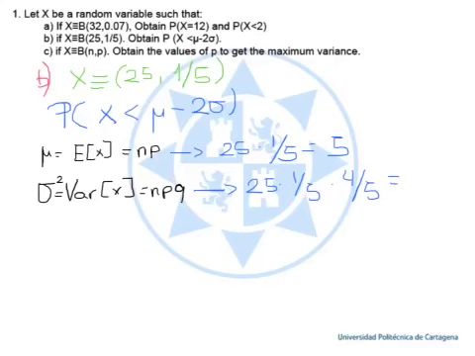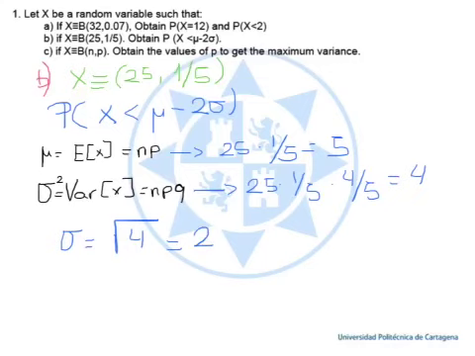And this is equal to 4. As we are looking for the standard deviation, we just have to take the square root of 4. So we know that the standard deviation is equal to the square root of 4, that is 2.